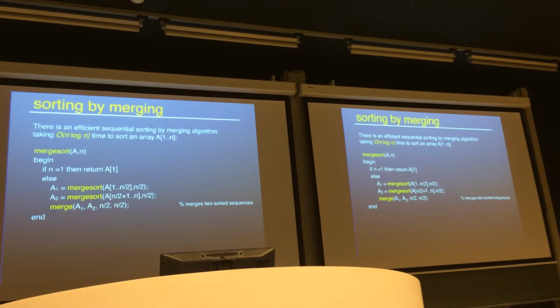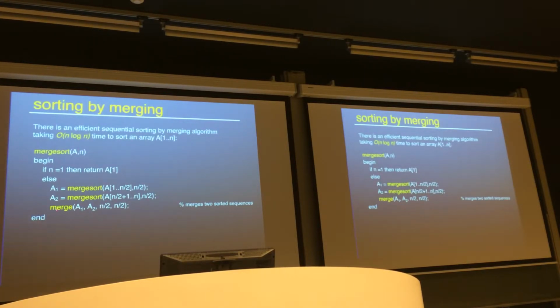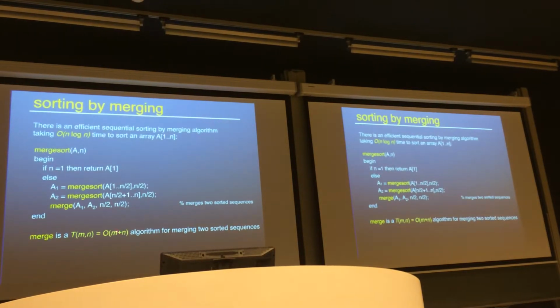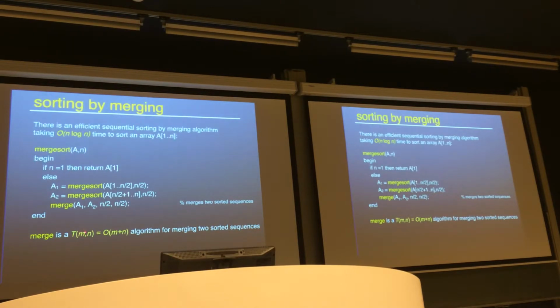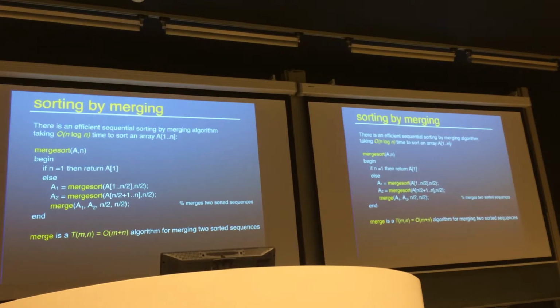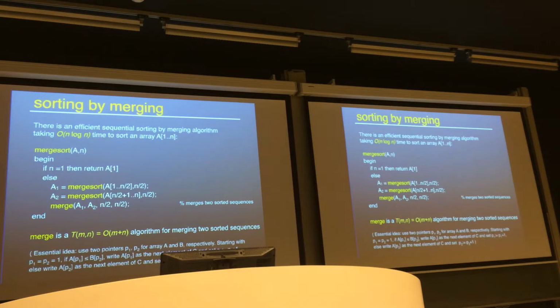So you apply sorting to the two halves, that will result in two sorted sequences, and you merge the two sorted sequences to a complete sorted sequence. Well, what's the amount of time you need? Well, we know that merging can be done in linear time. So if you have a sorted sequence of m and a sorted sequence of n, then it will require you O of m plus n for merging the two sorted sequences.